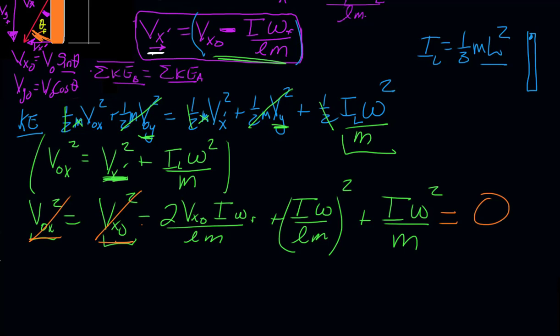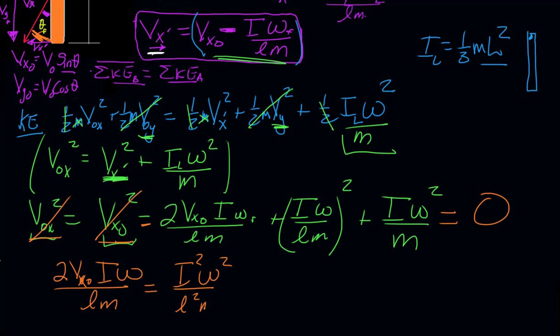So if I bring this to the other side, we'll get 2 Vx0 I omega on L m equals I squared omega squared over L squared m squared, if we bring that square in, plus I omega squared over m.